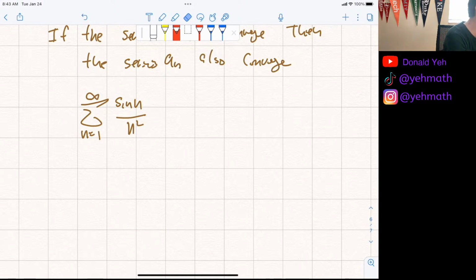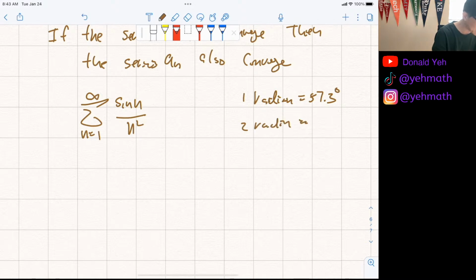All right. Some people don't know why, but for you guys who didn't know, 1 is 1 radian. 1 radian is roughly 57.3 degrees, which is almost 60 degrees. There's a reason why it's 57.3 degrees, because 2 radians is roughly 114 degrees, right?